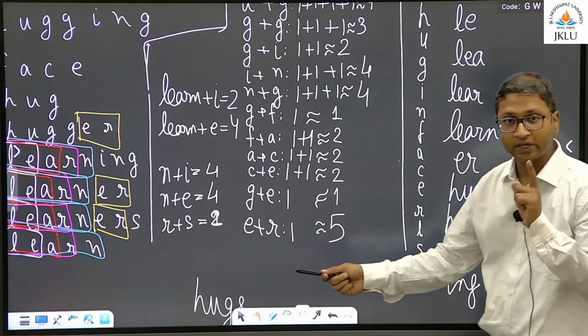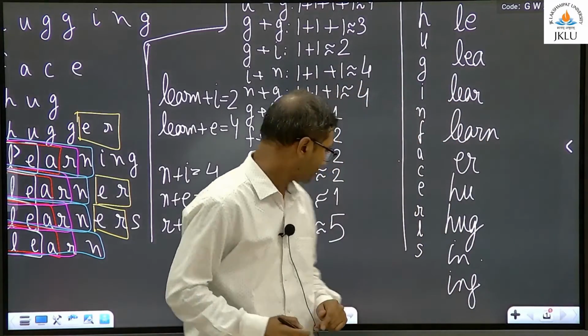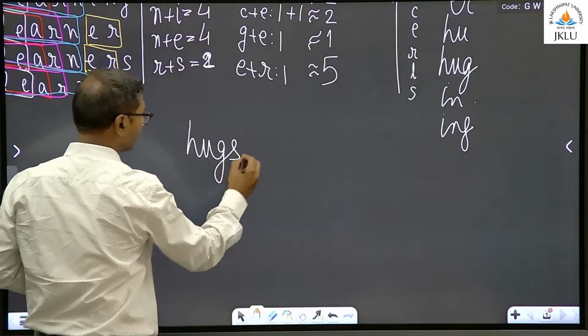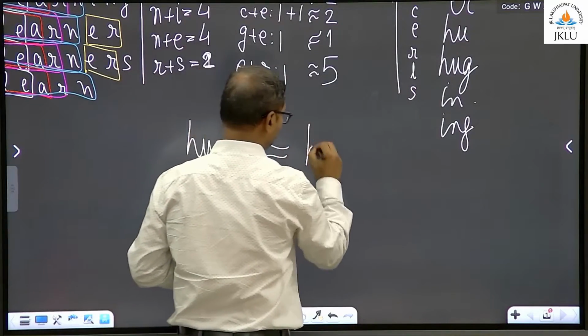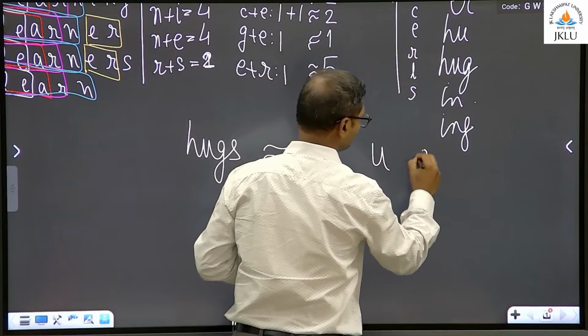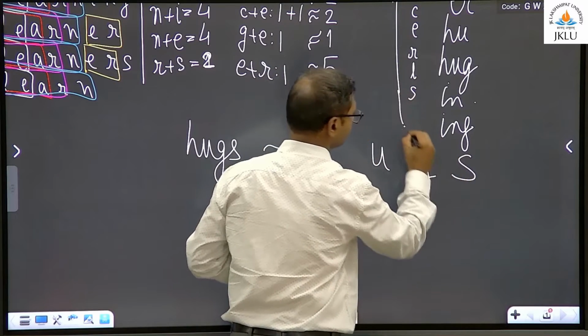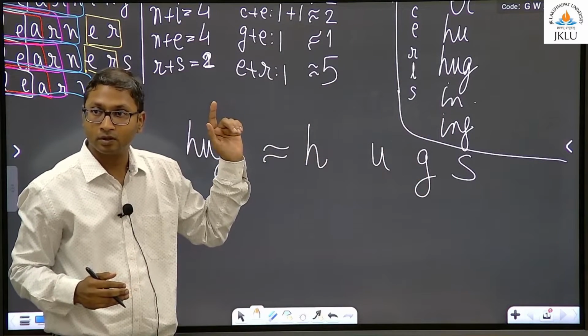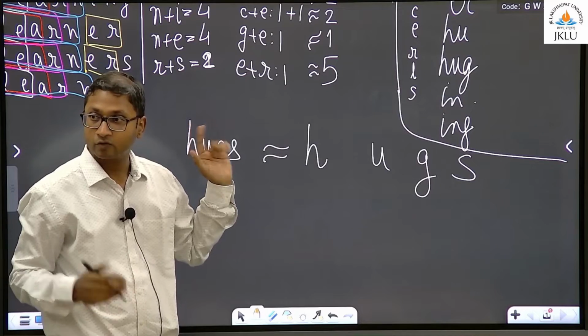Shall I tokenize it like H? So let me, after this I'll leave you. So shall I tokenize it like H, U, G, S, like this, all 4 different? Hug plus S, why so?